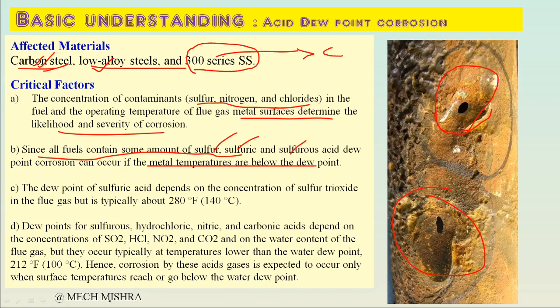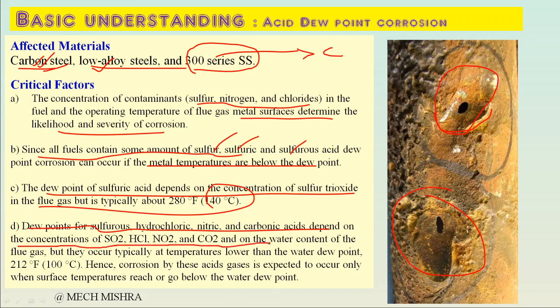The dew point of sulfuric acid depends on the concentration of sulfur trioxide in the flue gas, but is typically 140 degrees. The dew points of sulfurous, hydrochloric, nitric and carbonic acids depend on concentration. So the dew point of the stream depends on how many corrosive species are in that stream: the concentration of SO2, HCl, NO2, CO2, and the water content of the flue gas.